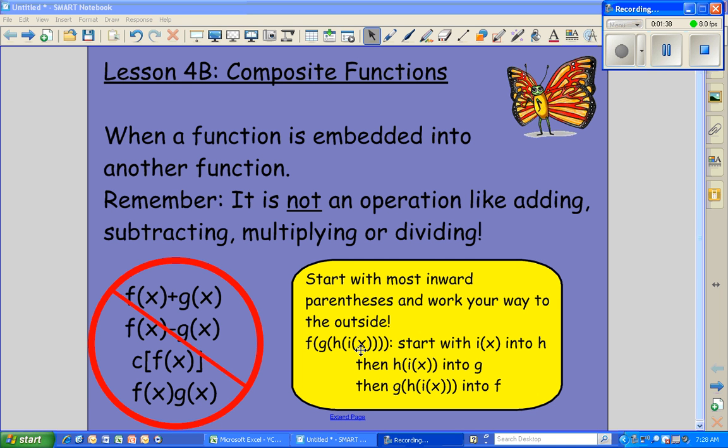You take that answer, plug it into the h function, take that answer, plug it into the g function, take that answer, plug it into the f function, and then you're done because you have closed the parenthesis after the f function. So the difference between composite functions and the operation functions you were working with when you were evaluating is that you haven't closed your parentheses yet, and you need to plug it into the next function until it's all over. So let's look at some examples.